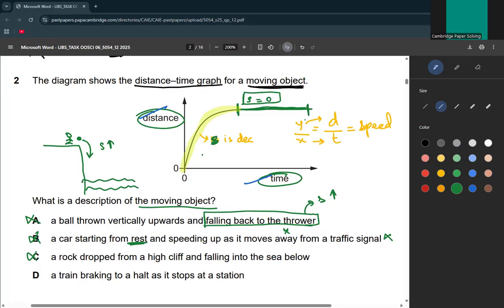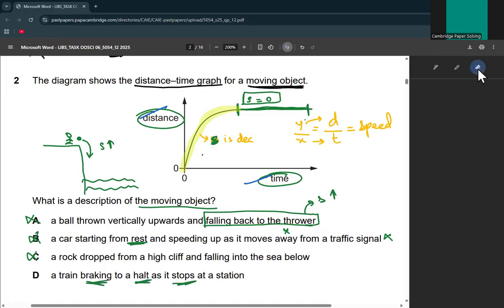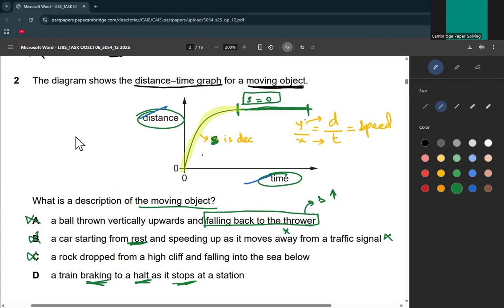A train braking to a halt as it stops at a station. Okay. Braking and halt. Stops at the station. I should imagine this. The train track, the station.